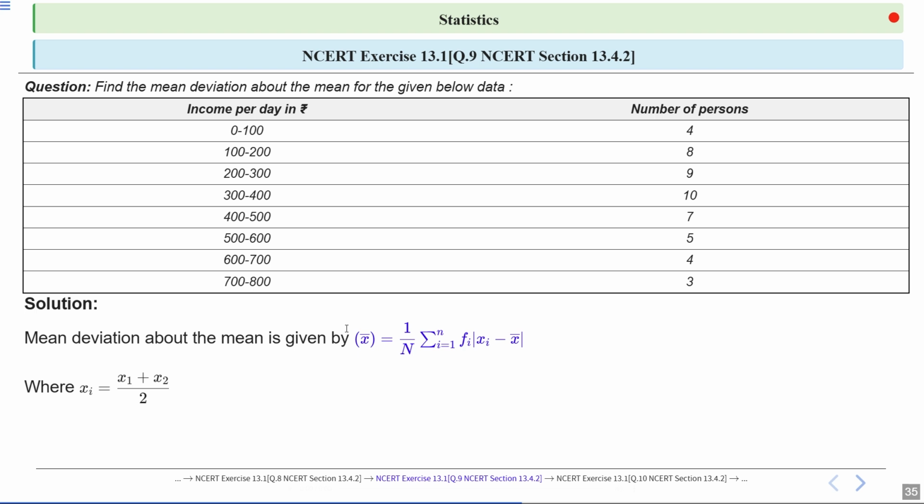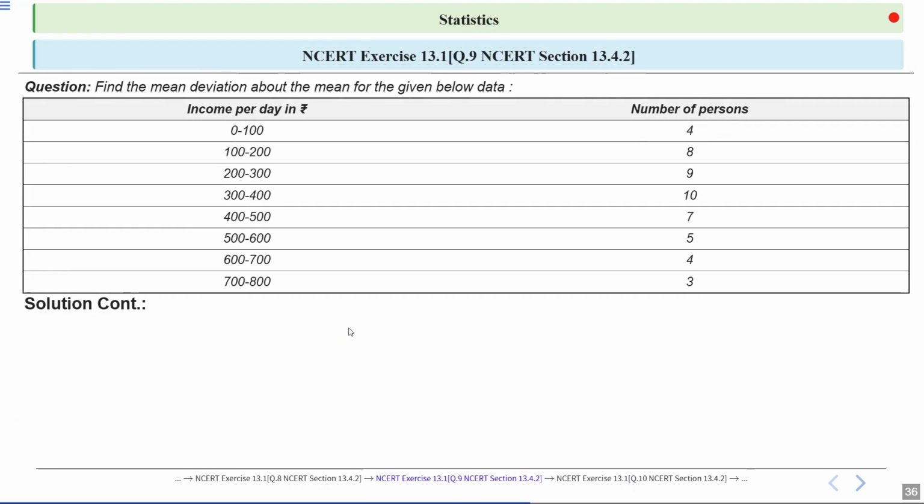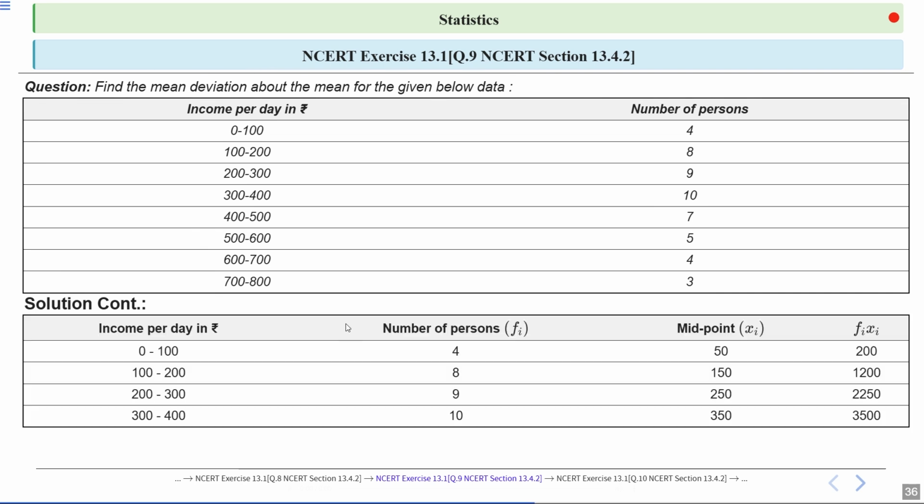Now let's recall how to find the class mark xi for each group. So the class mark is calculated as xi equal to x1 plus x2 upon 2. Now we have added a new table with more details.